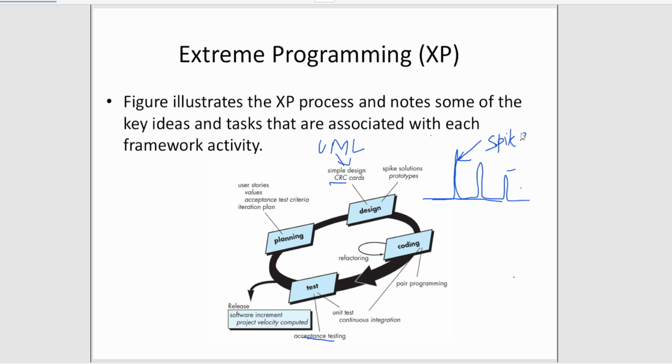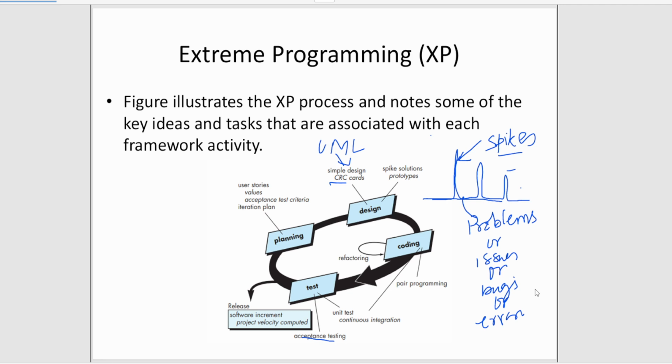Now these spikes can be visualized as problems, issues, bugs, or errors. Whatever the name given, these spikes can be anything: a problem, an issue, a bug, or an error.